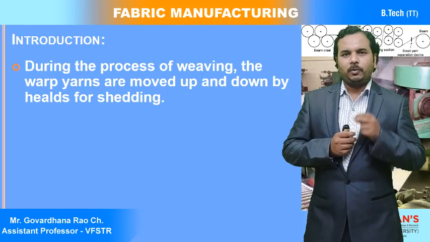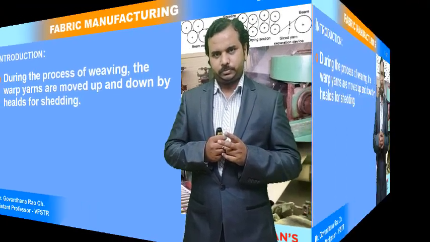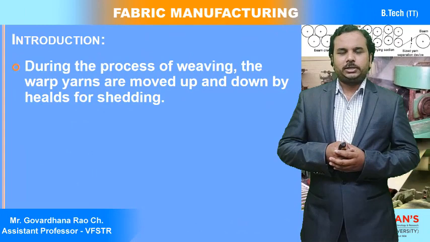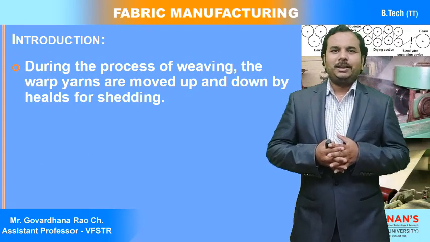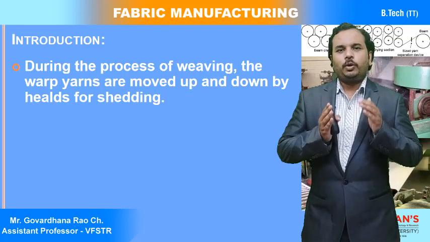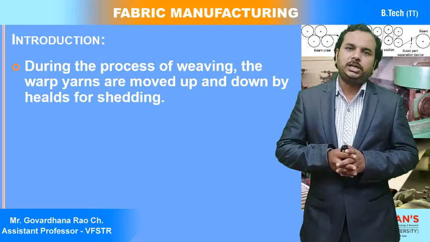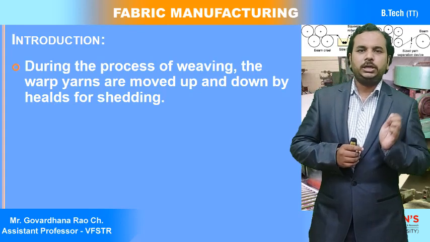One is called warp threads and the second one is called weft threads. To form the fabric, the warp yarns should be moved up and down, that is, we need to form a shed. After forming the shed, we are going to insert the weft threads into the opened shed.